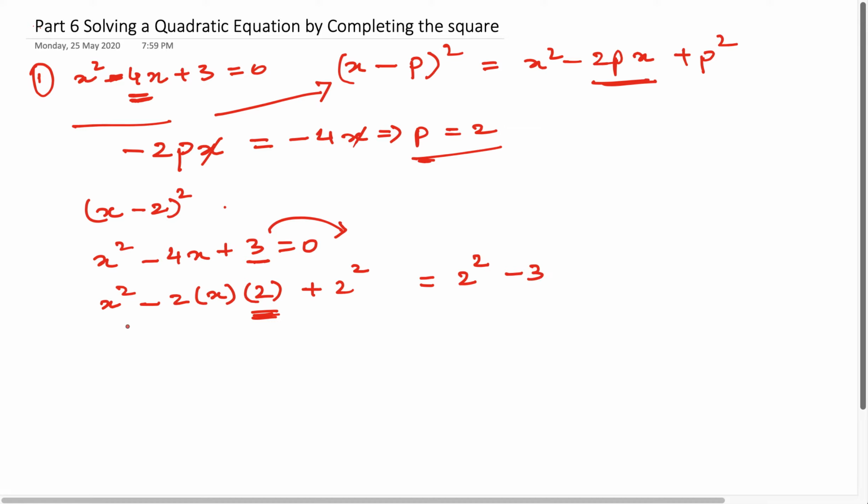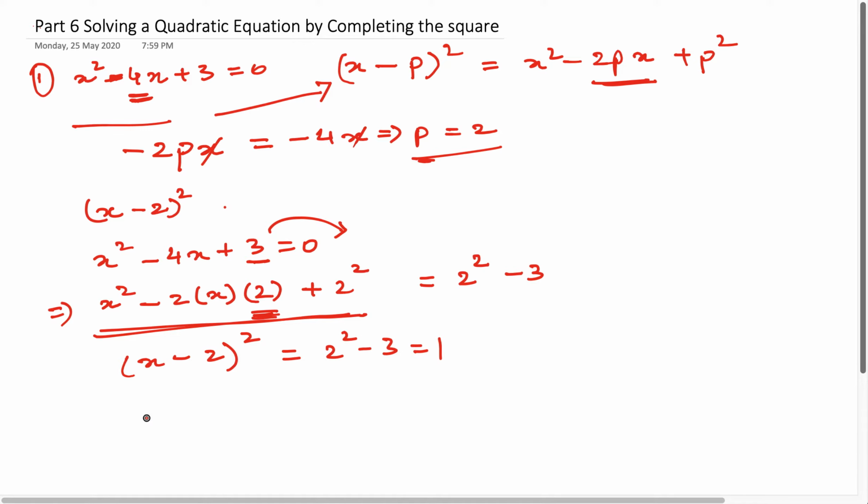Okay, so what will this equation actually become? This whole term, x square minus 2 into x into 2 plus 2 square, can be written as x minus 2 whole square is equal to 2 square minus 3, which is equal to 1. 4 minus 3 is 1. So x minus 2 whole square is equal to 1.